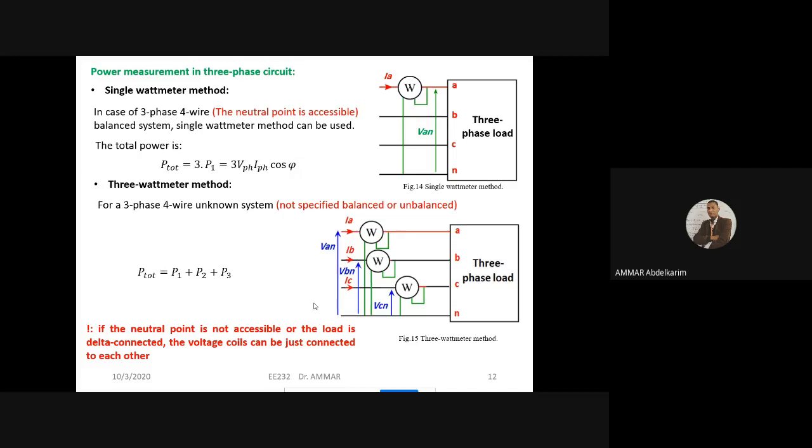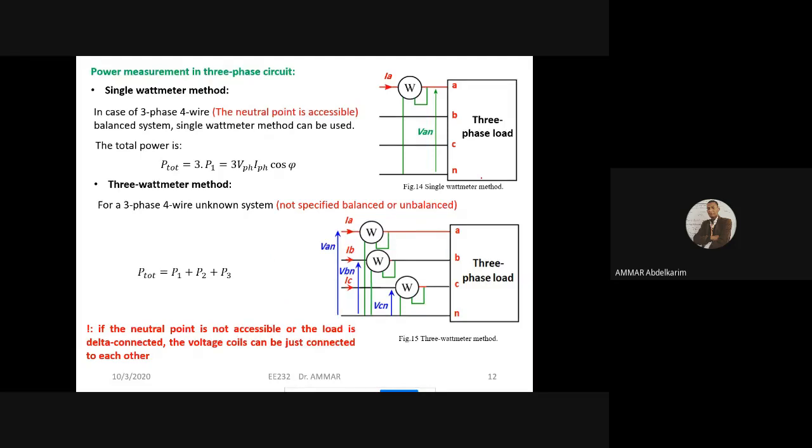Now let's talk about the power measurement. The power measurement experimentally of the three-phase system can be done by many methods. We have different methods. The first method is the method of the single wattmeter.